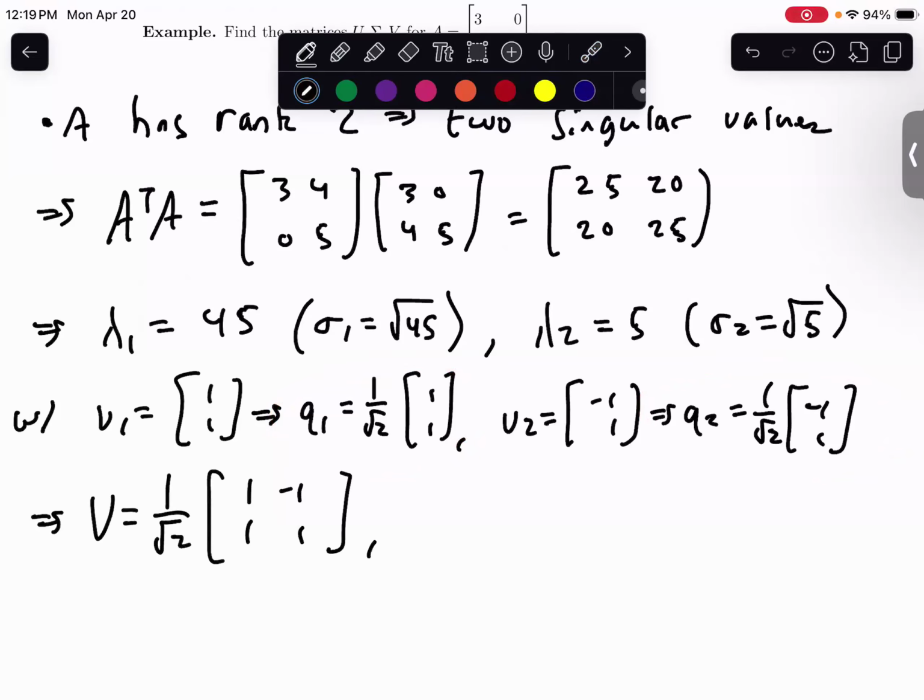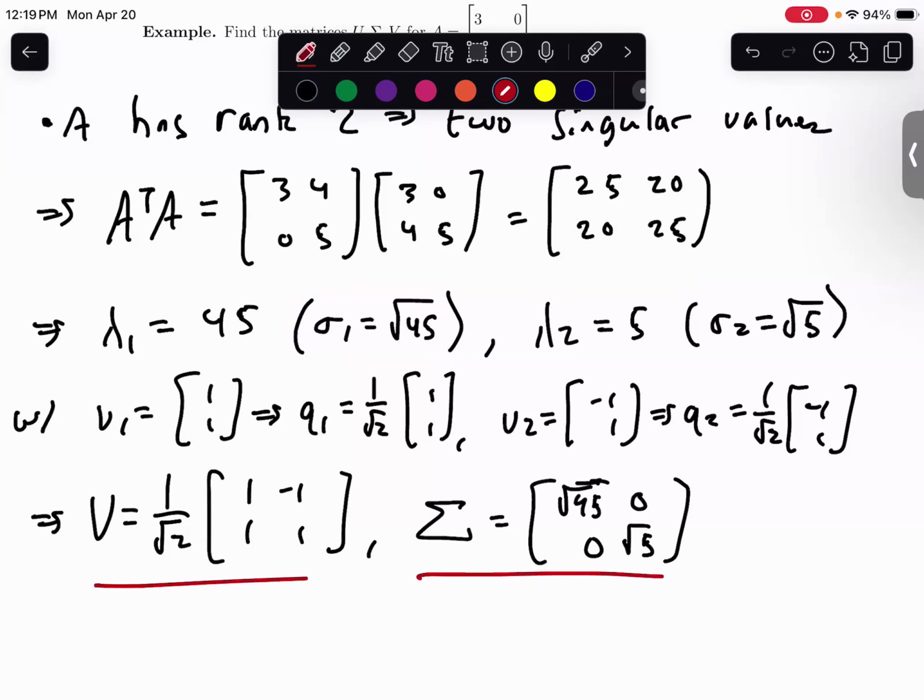And then we also have sigma. Sigma is a diagonal matrix consisting of your singular values. So the first entry is equal to the square root of 45, and the other is equal to the square root of 5. And so we already have two of the parts just from doing this process.